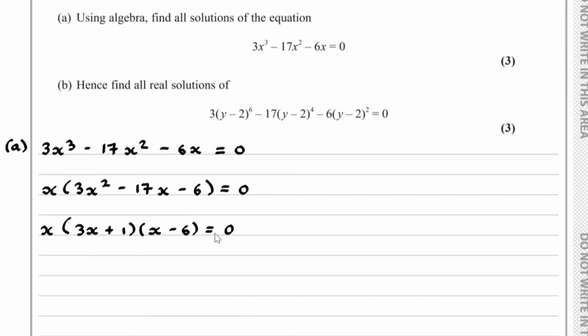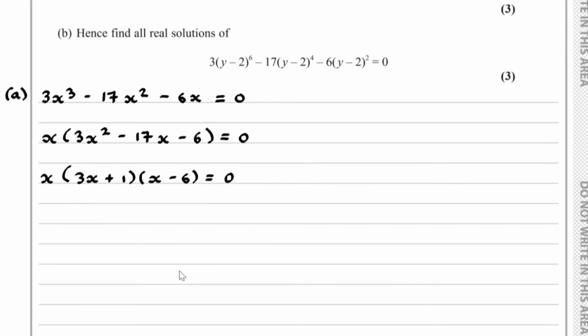And the result of all of this is equal to 0. So either x is equal to 0, if 3x plus 1 is 0, x is equal to minus 1/3, and if x minus 6 is 0, x is equal to 6. We have found the solutions to the equation.